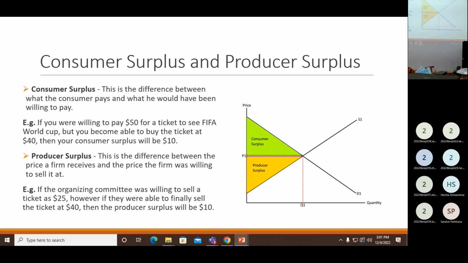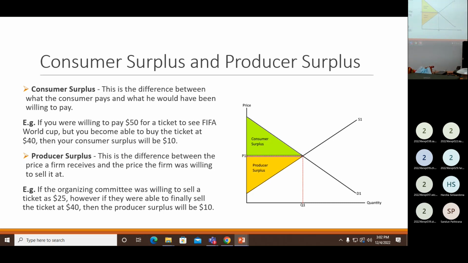Example here: in the FIFA World Cup, if the organizing committee was willing to sell a ticket at a minimum of $25, but due to market forces of demand and supply, you ended up selling the product at $40. So that difference between $25 and $40 is $15.